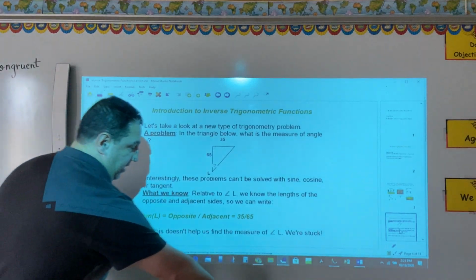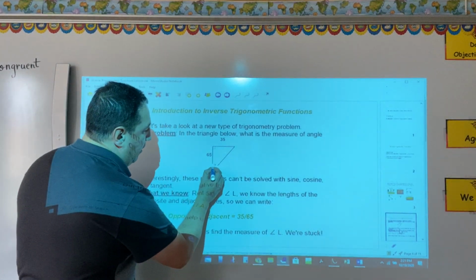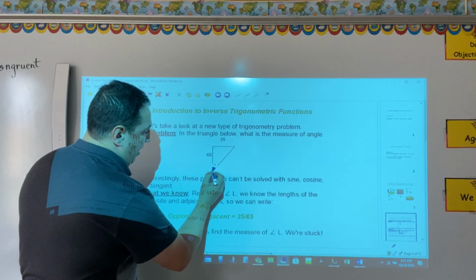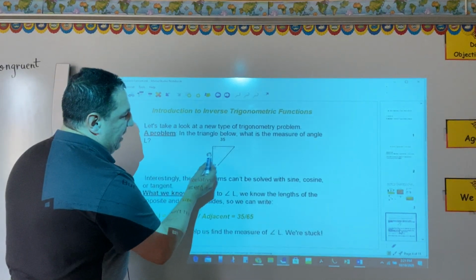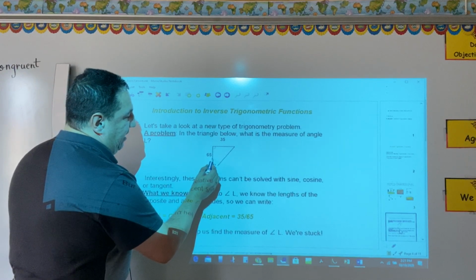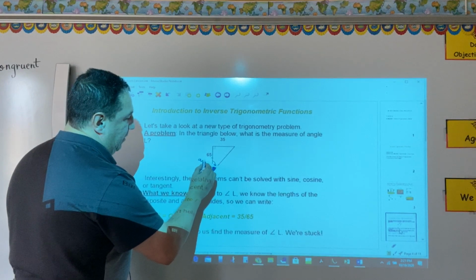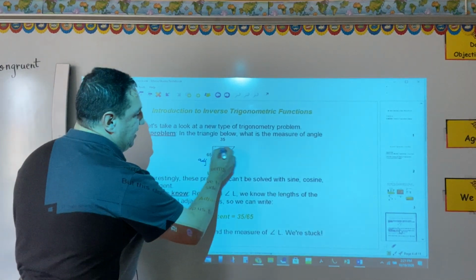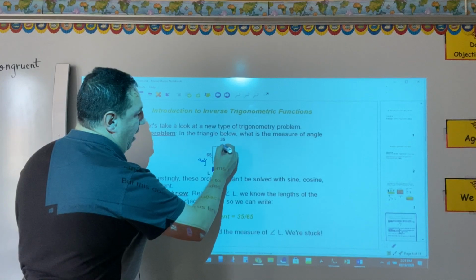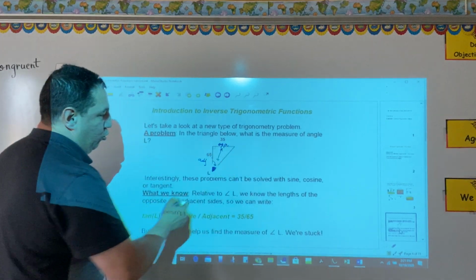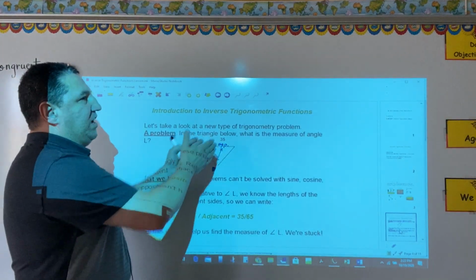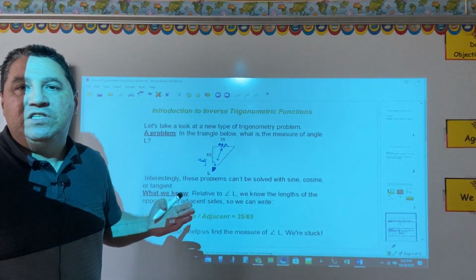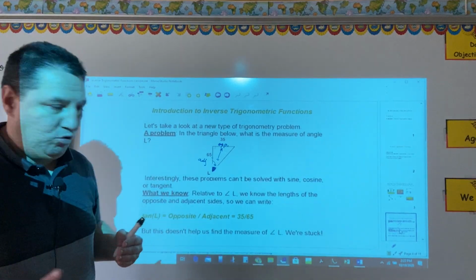If we mark angle L, what is given is this side, which is adjacent, and this side, which is opposite to angle L. Because these two sides are given, we can use the tangent ratio.